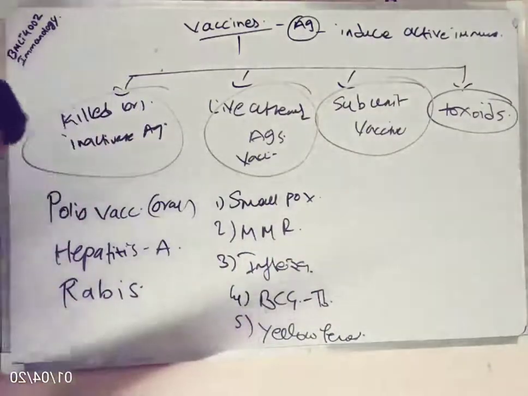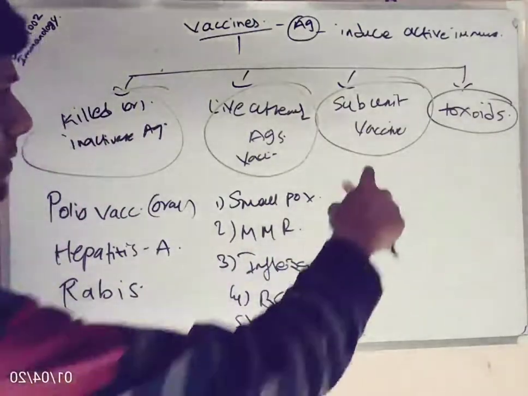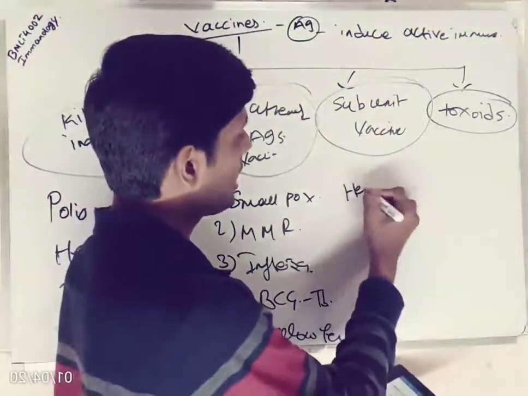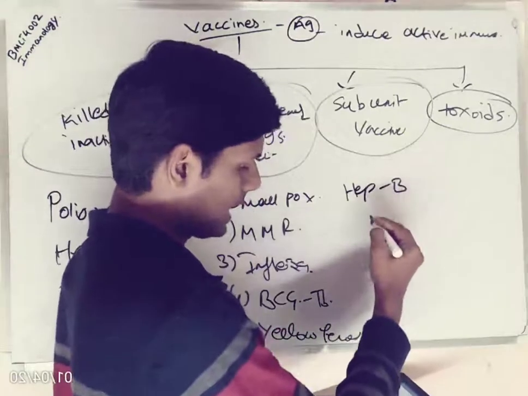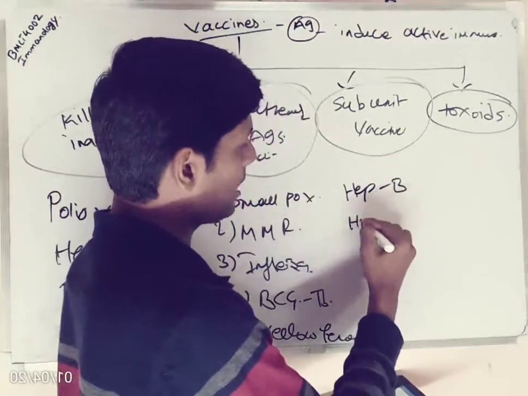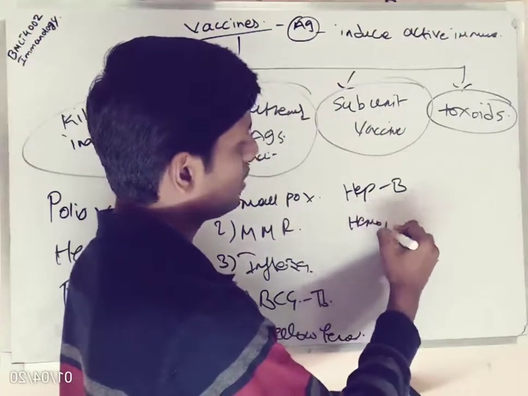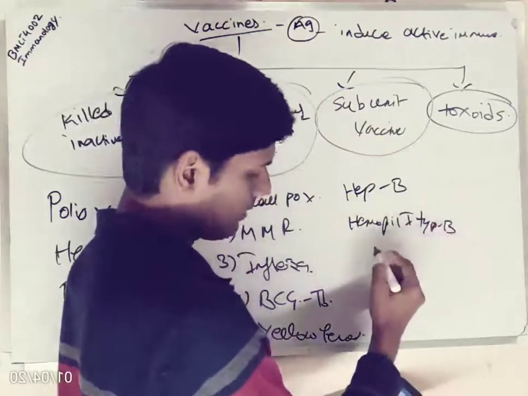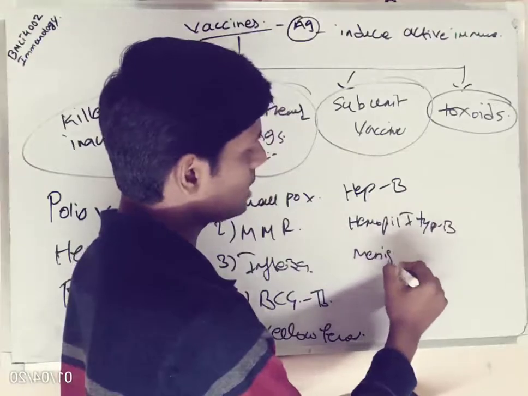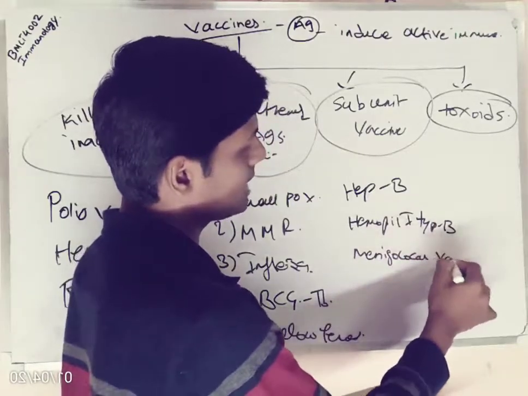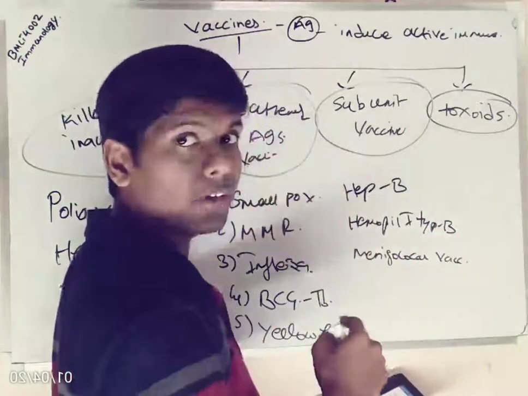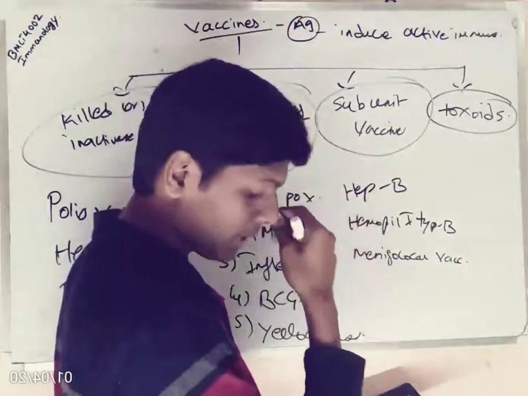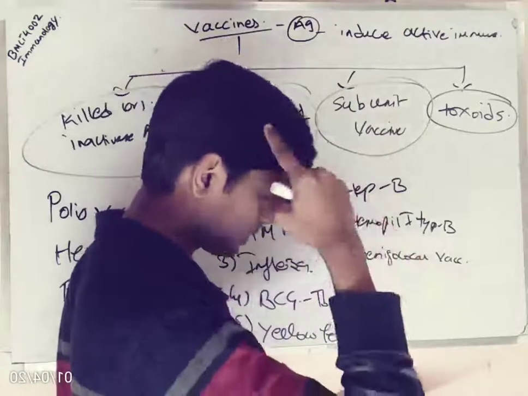Okay. So let us see subunit vaccines. The examples for subunit vaccines are the hepatitis B vaccine, then the Haemophilus influenzae type B vaccine. Then we have meningococcal vaccines. They will cause meningitis, inflammation of the meninges, the pia mater, dura mater and arachnoid mater of the skull.